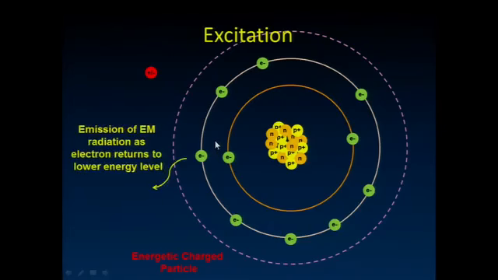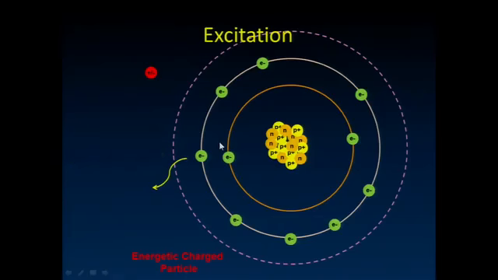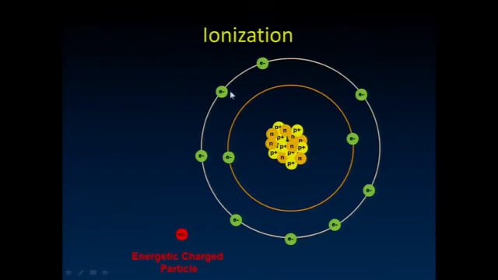It may give off some emission of radiation as it returns to that lower level, and this is usually in the infrared range. So this is heat. This excitation results in heating. And the vast majority of the interaction in human tissues results in this occurring, frankly, in most materials.